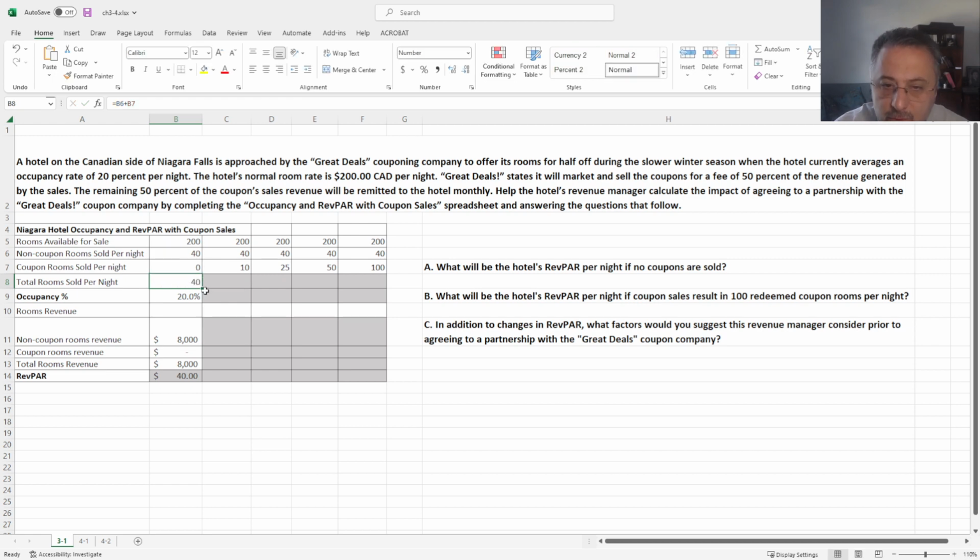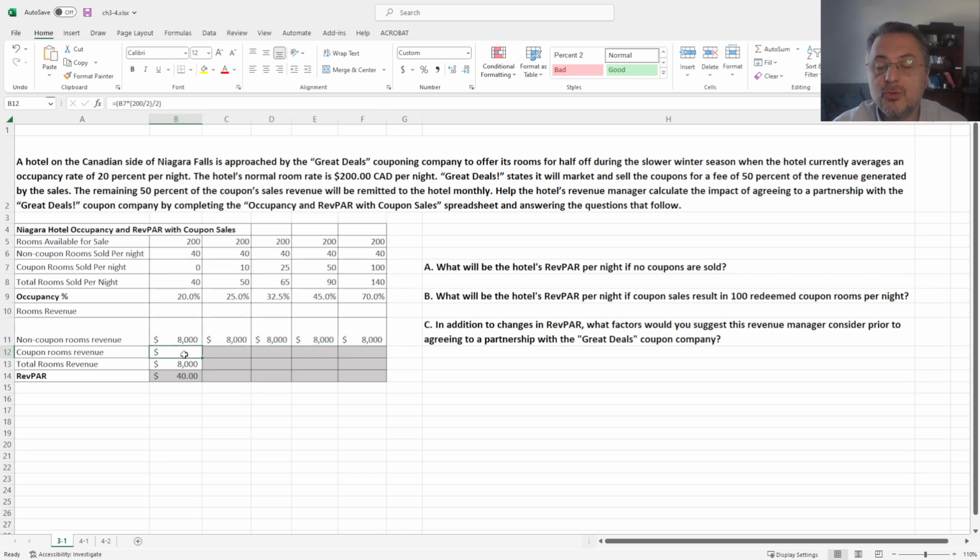As I told you before, you can just hold on to this bottom right corner and pull it. And it's going to add basically 100 plus 40, 50 plus 40, etc. Occupancy is, of course, rooms sold divided by rooms available for sale. We can do the same thing here. And when there are 100 rooms sold by the coupon company and 40 rooms by the hotel themselves, occupancy increases to 70%.